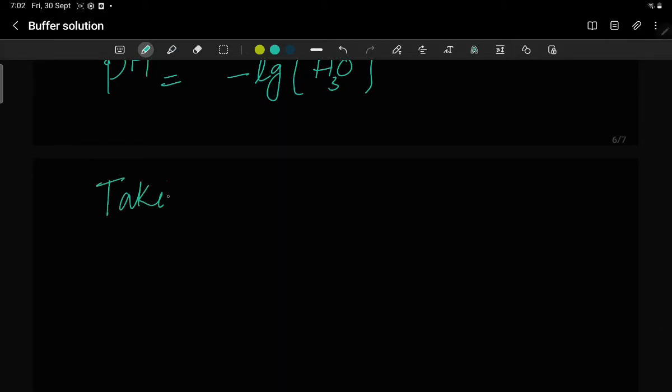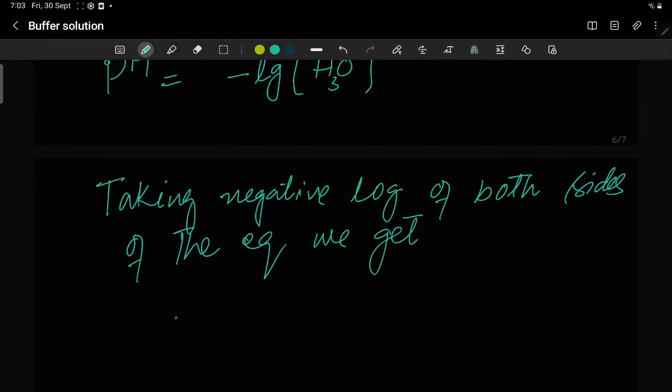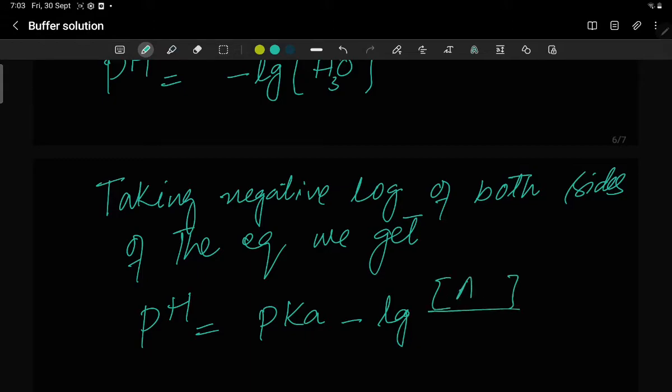Taking negative log of both sides, or on the other hand we can use this relationship of the equation, we get pH is equal to pKa minus log concentration of acid over concentration of salt.